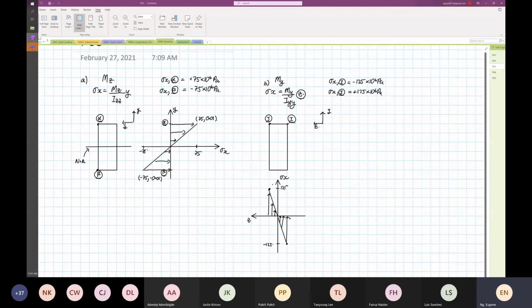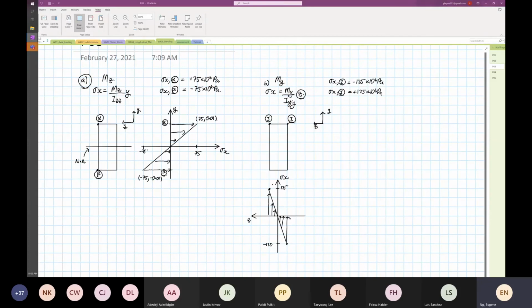Now, the next thing I want to elaborate: what do we mean by symmetrical bending? All this we see over here, all these are symmetrical bending. On the problem at A, the symmetrical is alpha and beta, so the stress are the same.